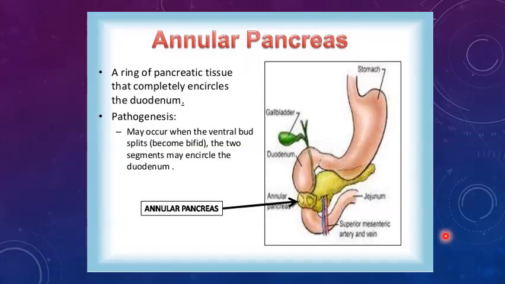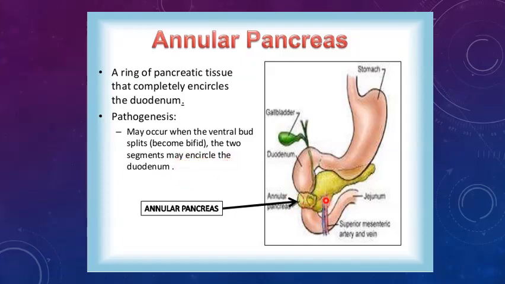And one important developmental anomaly is a ring of pancreatic tissue that completely encircles the duodenum. So this may occur when the ventral bud splits, becomes bifid, and the two segments may encircle the duodenum here.